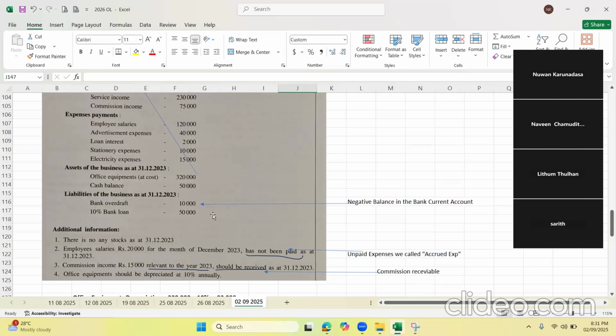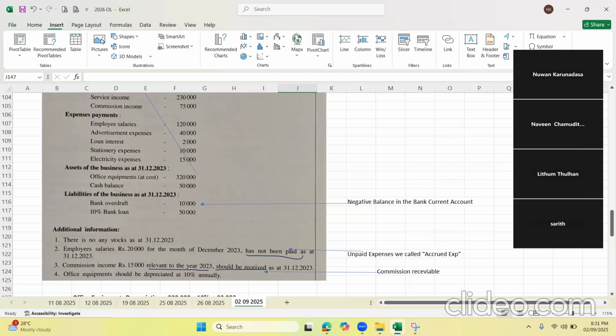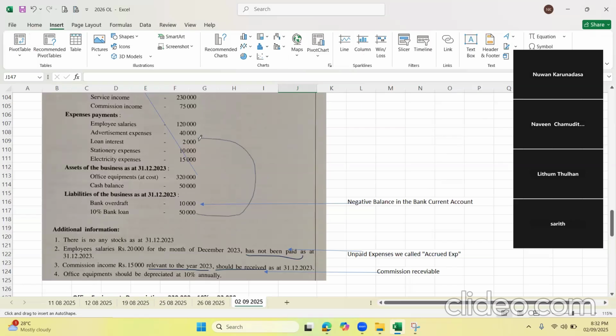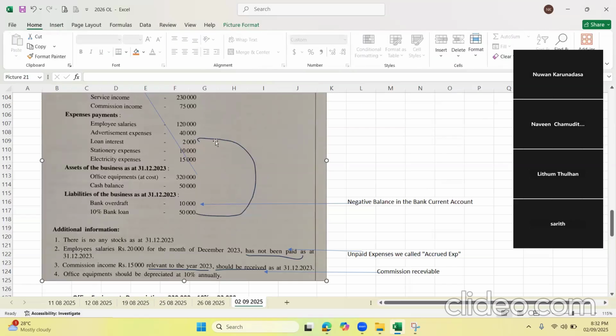But here you can see the liabilities of the business at 31st December 2023: a 10% bank loan of 50,000. If the bank loan is 10% with a balance of 50,000, then the interest should be 50,000 into 10%, that is 5,000. But you have paid only 2,000.